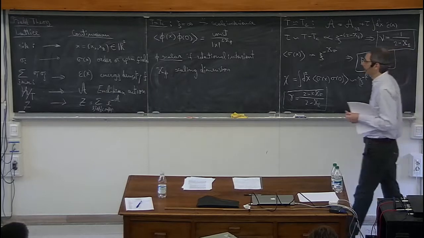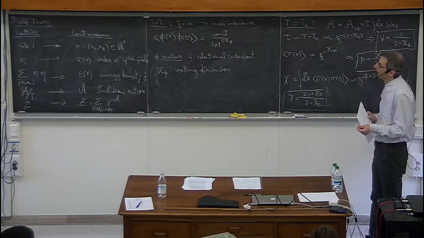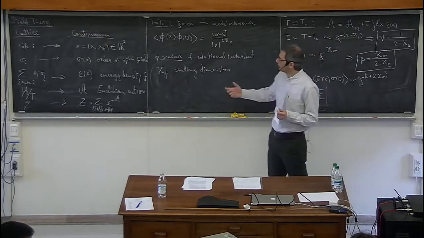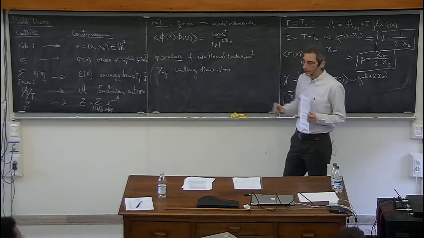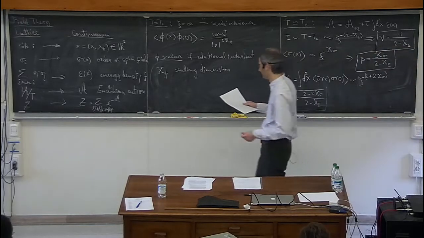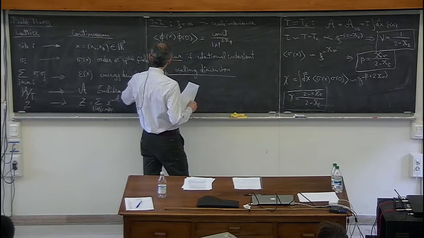It is different if we go instead to the other universal quantities we had introduced, which were the ratios of critical amplitudes. So, for example, we had introduced gamma plus over gamma minus.